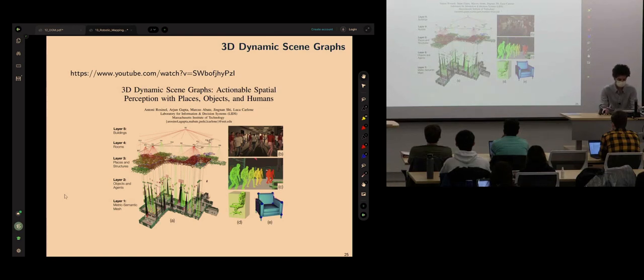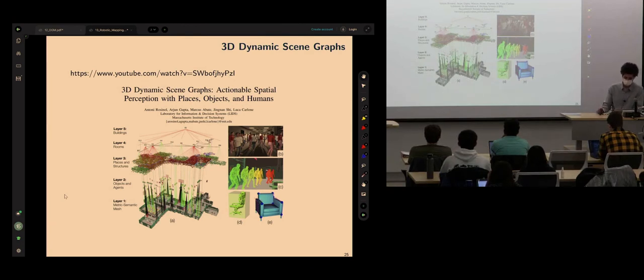Now the proposal here is to have 5 layers. The first layer is this metric semantic map that we talked about. So what we talked about is really this first layer of reconstructing the floor or scene. The representation can be mesh, can be voxels. That's important, but it's not necessary to commit to that for talking about this idea.